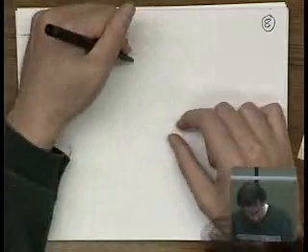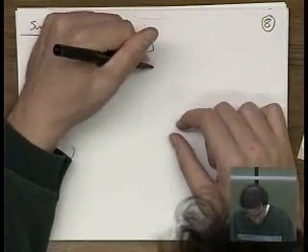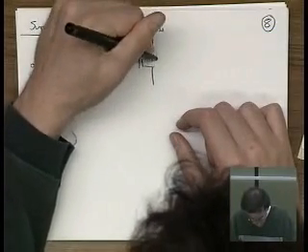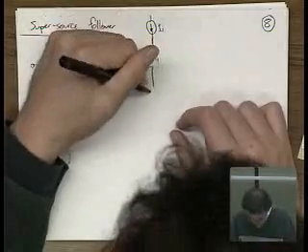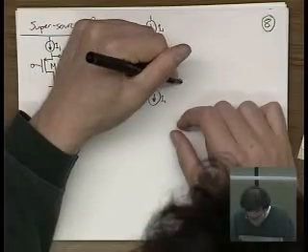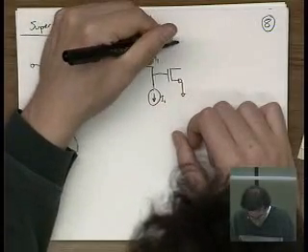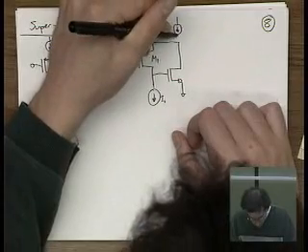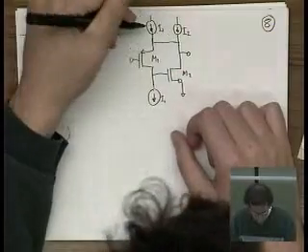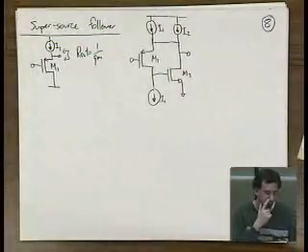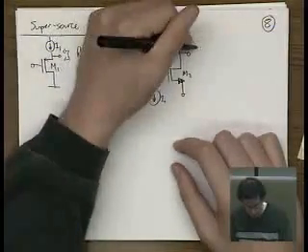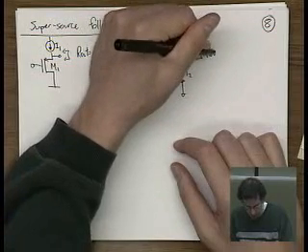So now what we'll do is, this is what a supersource follower looks like, and we want to calculate what R out is.